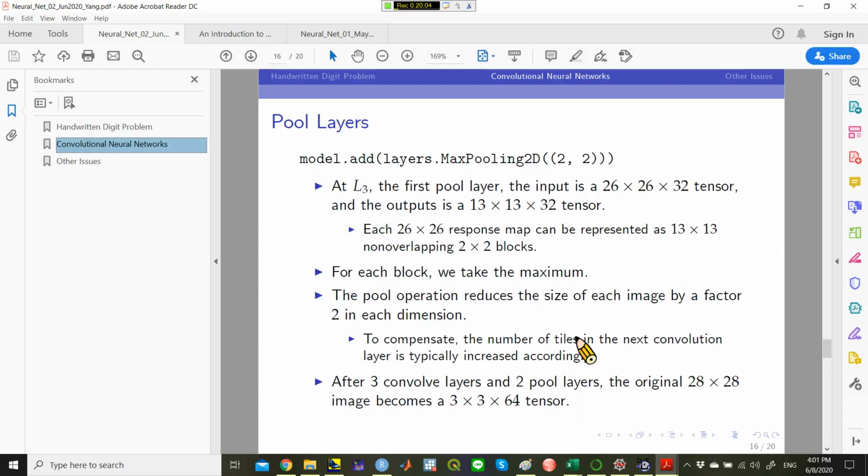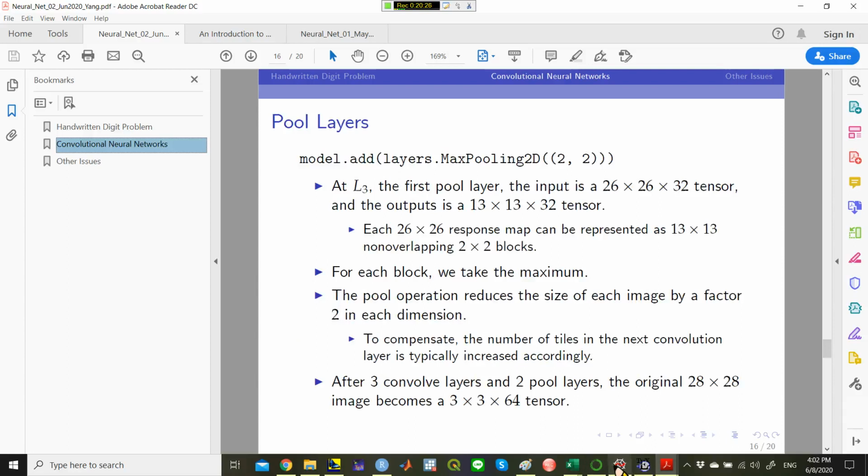So the pool operation reduces the size of the image by a factor of 2 in each dimension. Ideally, theoretically, to compensate, the number of tiles in the next convolution layer is typically increased accordingly.